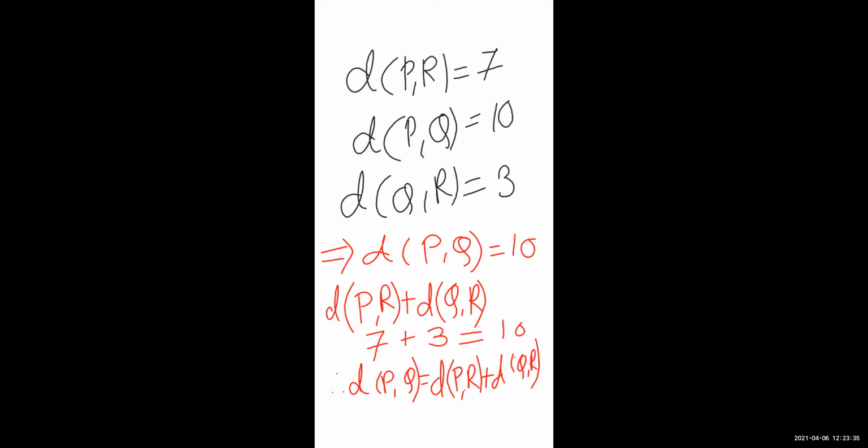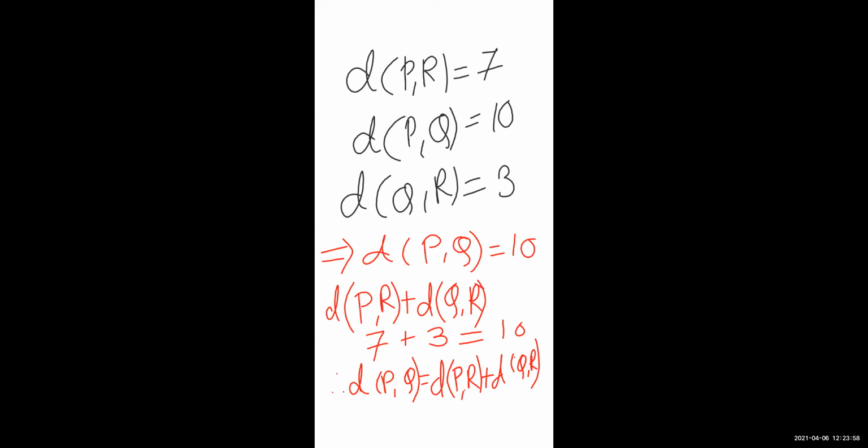So they are collinear. The points P, Q, R are collinear points. But which point is in between? How can you find out betweenness? It exists here because they are collinear. Point R. How?